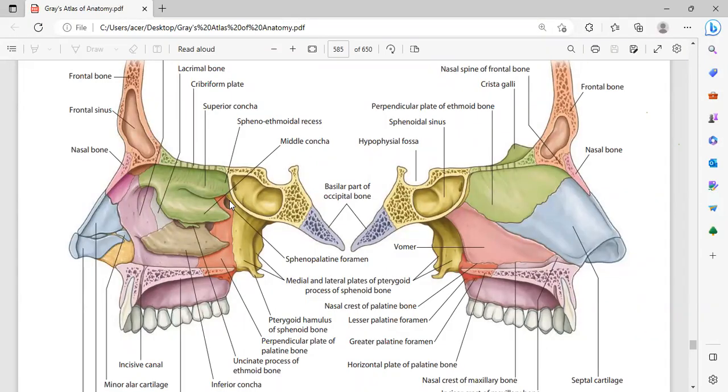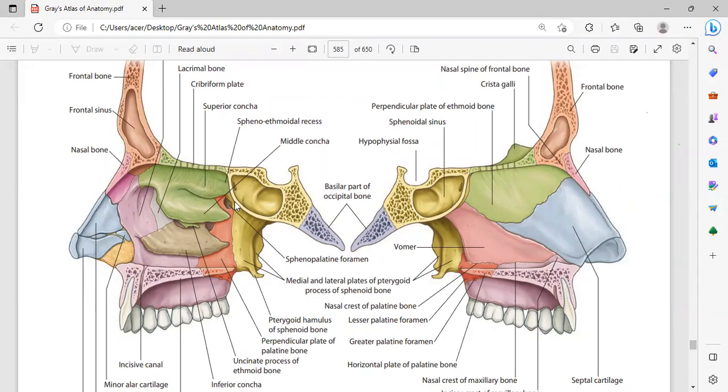The pterygopalatine fossa is found on the other side, exterior to these two bones. So this sphenopalatine foramen is a communication between the nasal cavity and the pterygopalatine fossa. Any nerves or vessels that want to enter from the pterygopalatine fossa can enter through the sphenopalatine foramen.